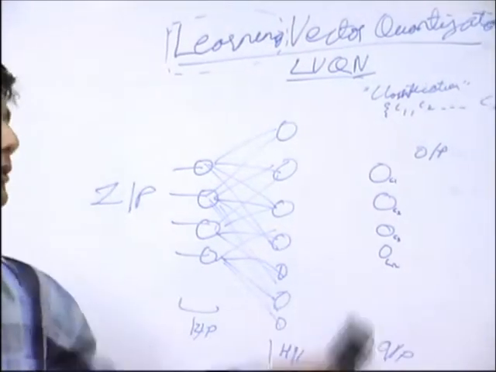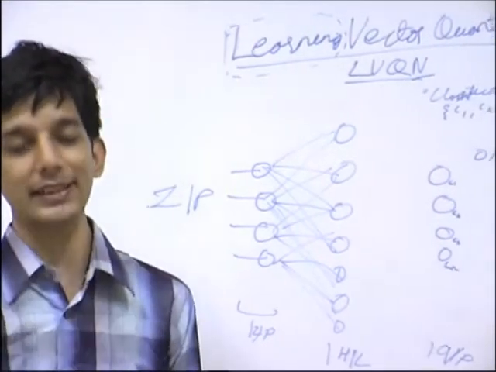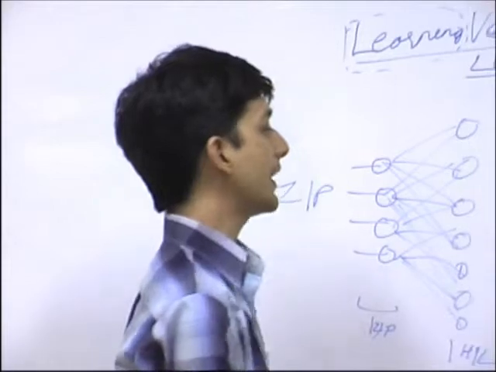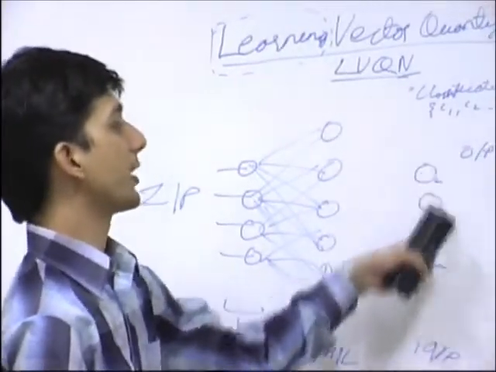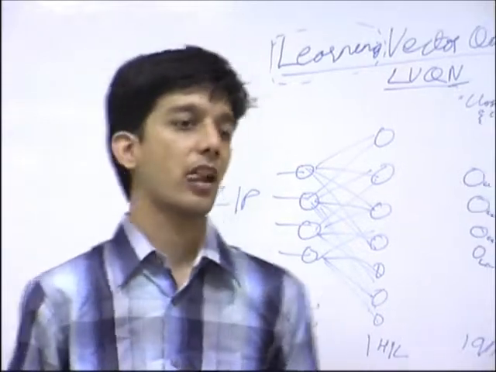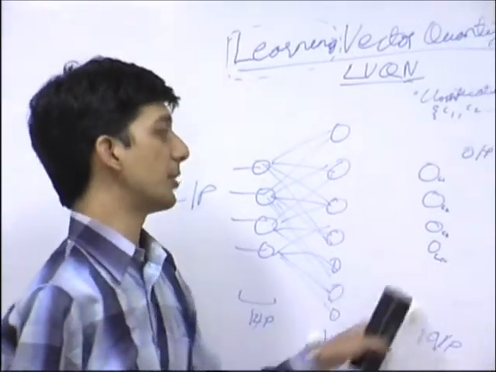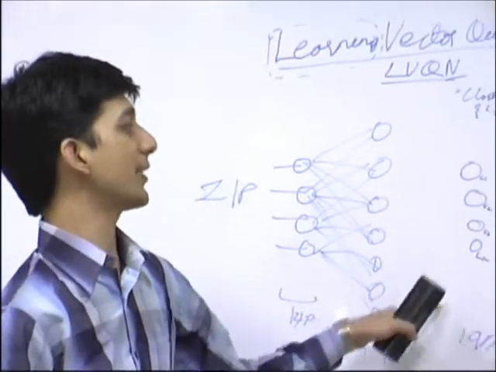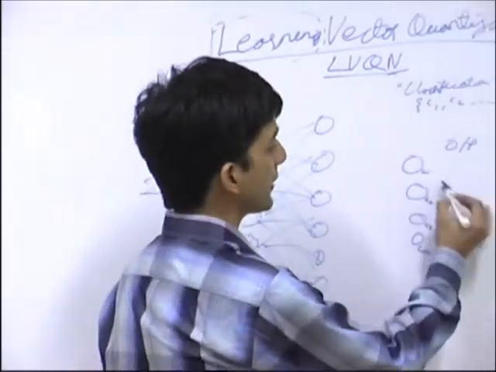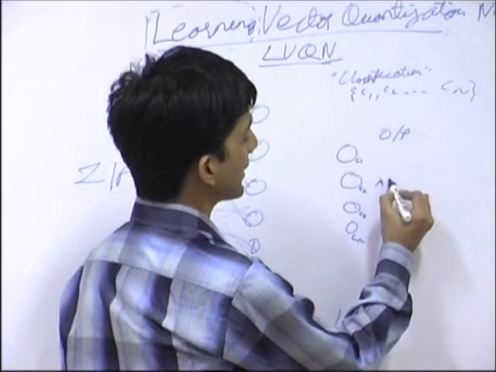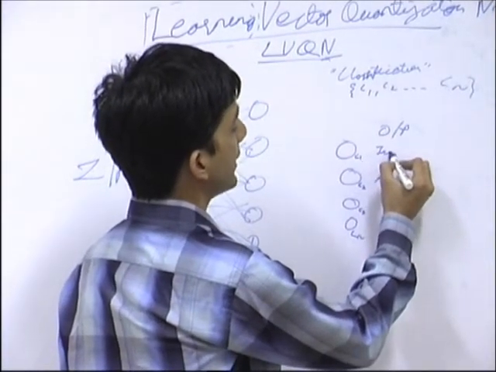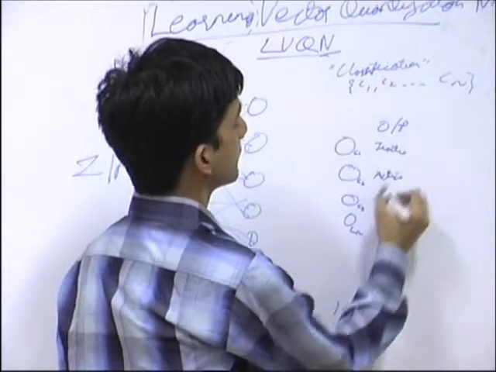Because all of these represent a class, in this particular model that is already classificatory in nature, at any time one of these neurons is in an active state and all the other neurons will be in an inactive state.